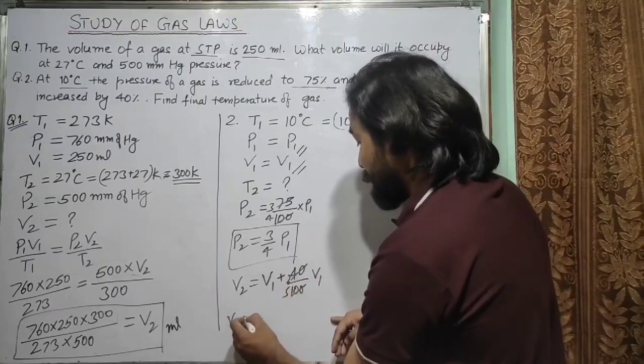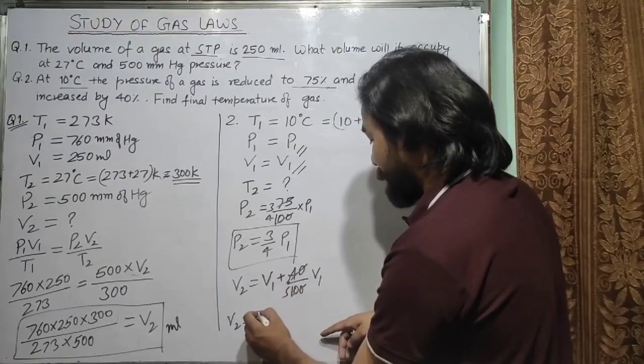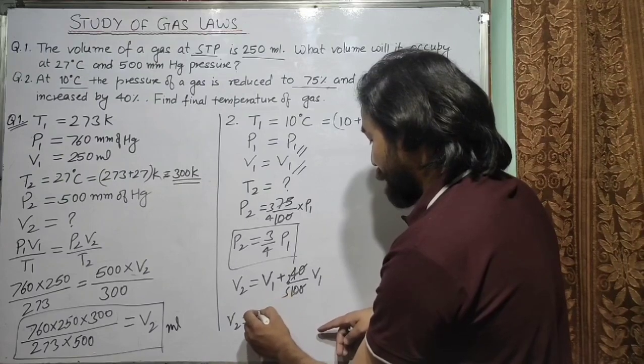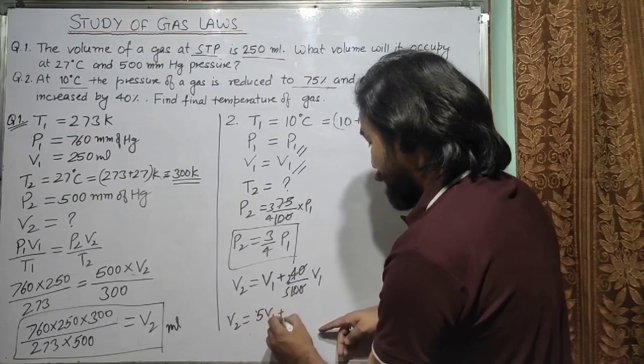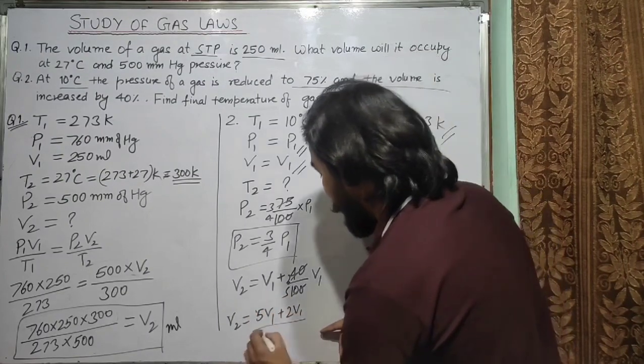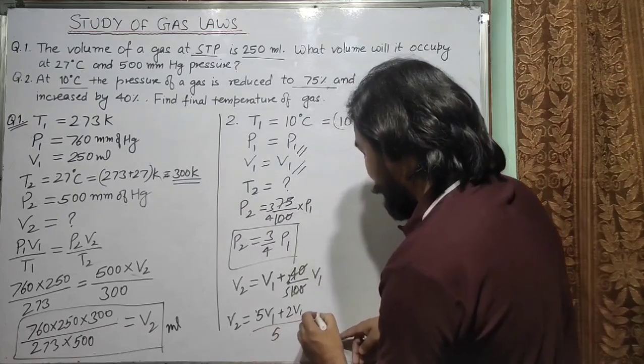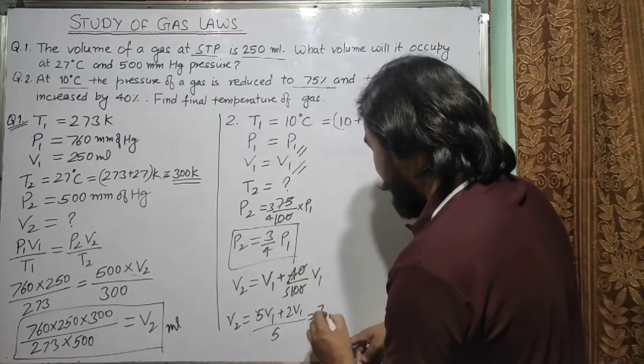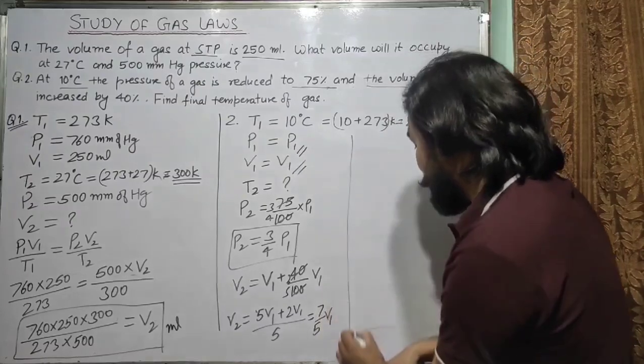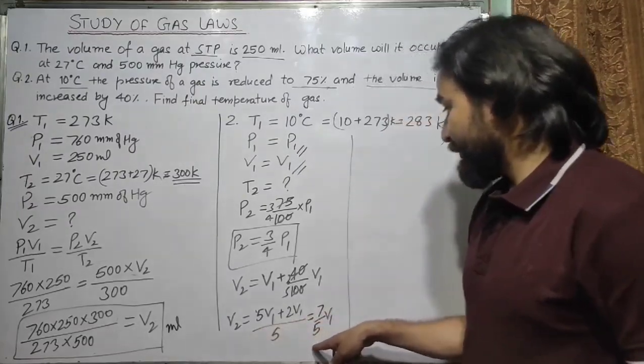So V2 is equal to V1 plus 2 by 5 V1. Taking the common denominator, that is 5 V1 plus 2 V1 by 5. So V2 is equal to 7 by 5 V1. So from here you can calculate the value of V2.